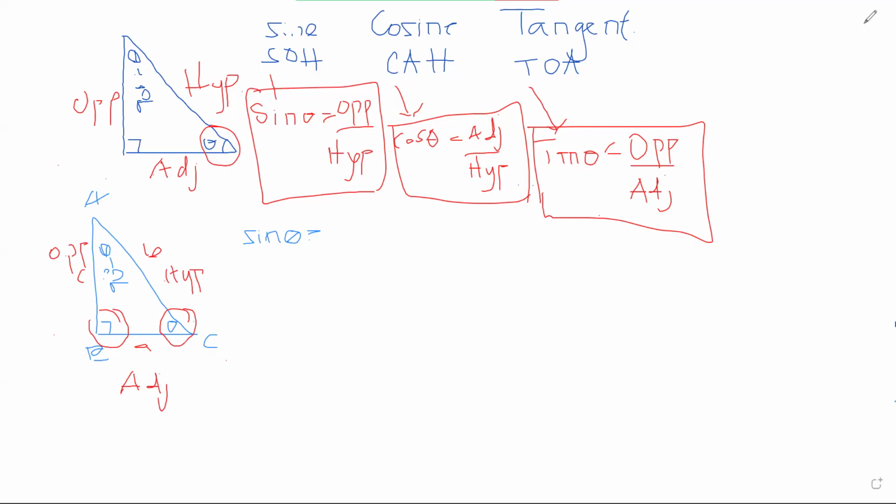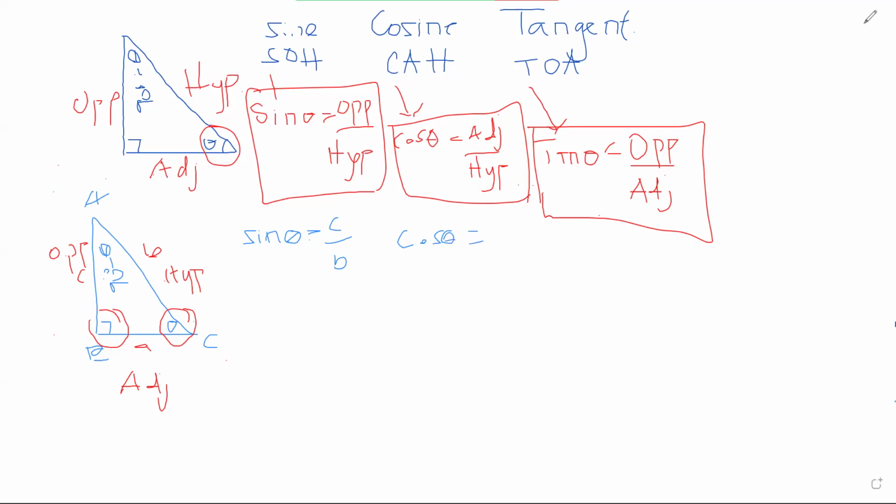So moving on, let's go on to our trigonometry ratios. So sine theta is opposite over what? Over hypotenuse. So what do we have as our opposite? We have small letter c over small letter b. Our b is our hypotenuse. Then we have cos theta, which is adjacent over hypotenuse.